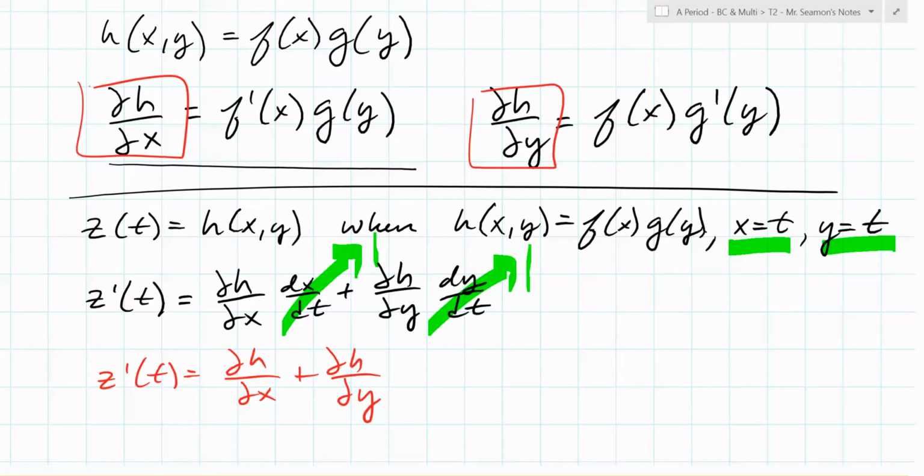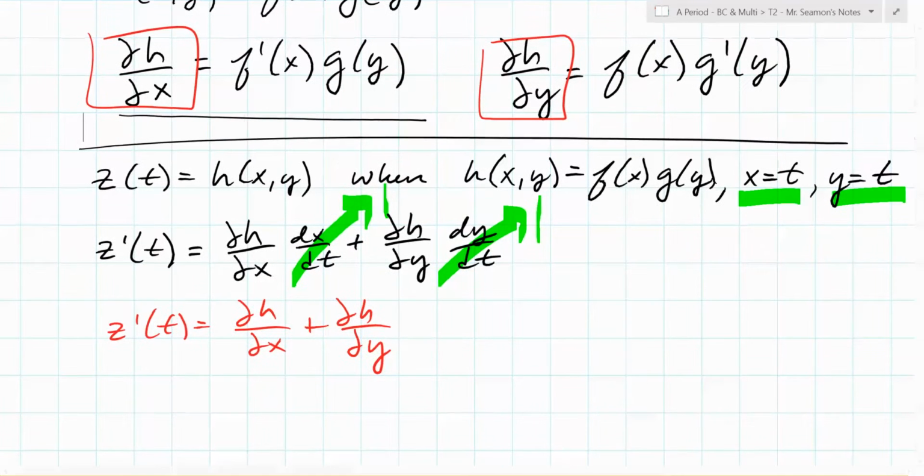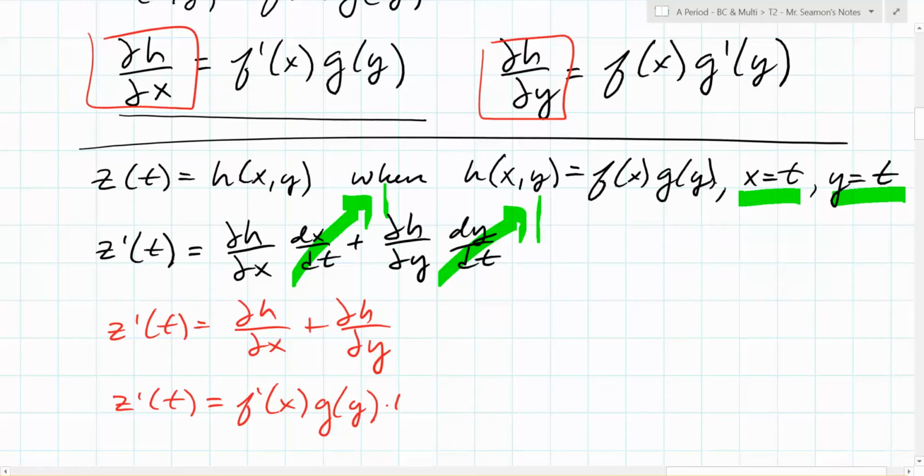So what can we do with those two red boxes now? Where can we bring them down to? We can just substitute, exactly. So we know that z prime of t is equal to f prime x g y plus f x g prime y. My parentheses for some reason are failing today.